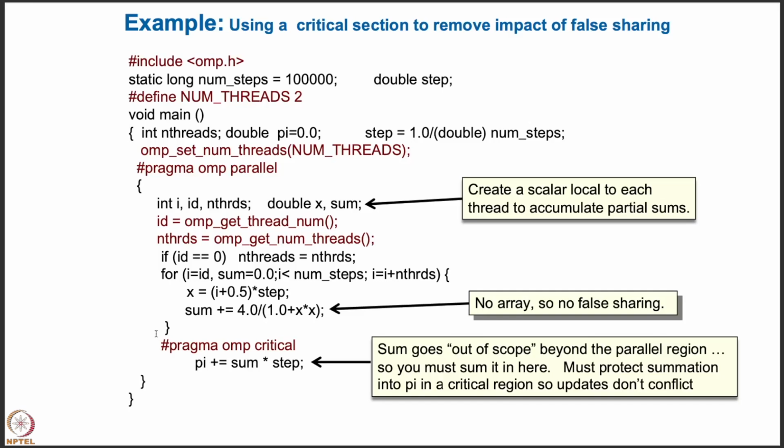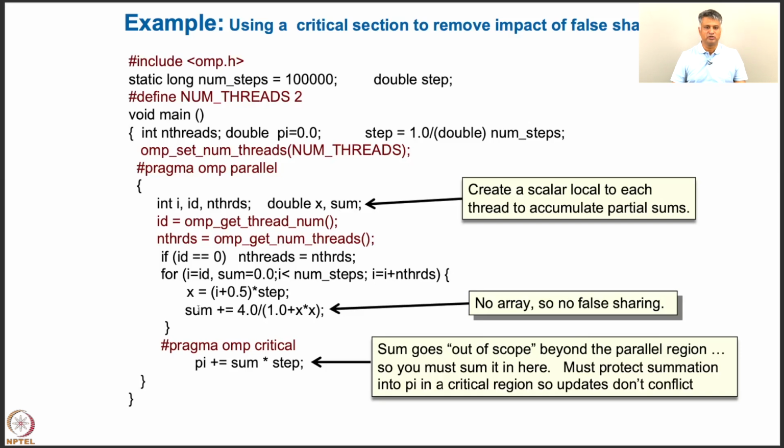What we need to do now is create a scalar sum which is going to hold the local sum of the integral for each of the threads, and we need to declare it in such a manner that it is specific to each thread and it is private. So we declare it inside the OMP parallel pragma loop.